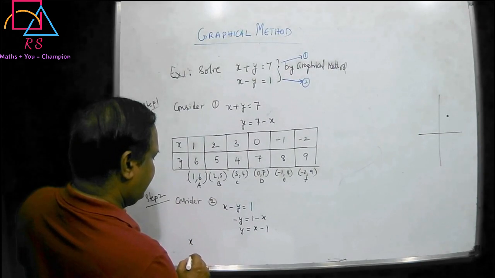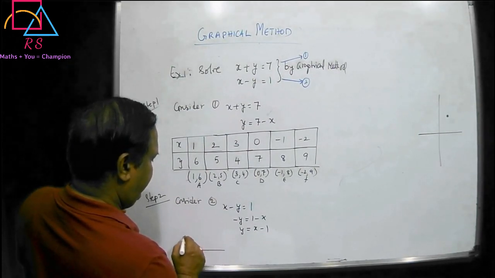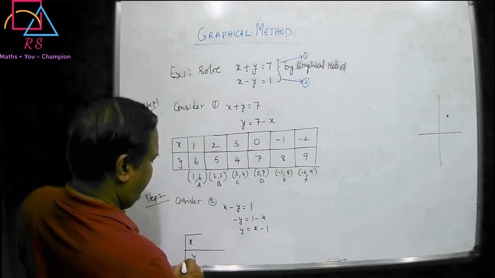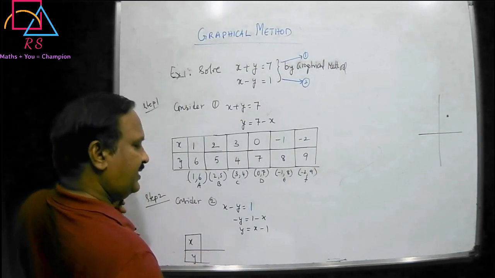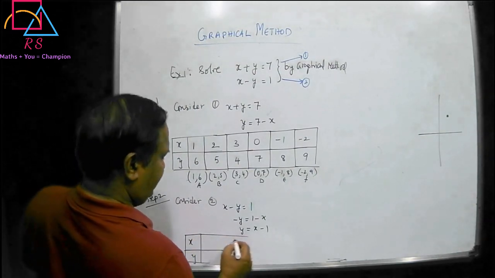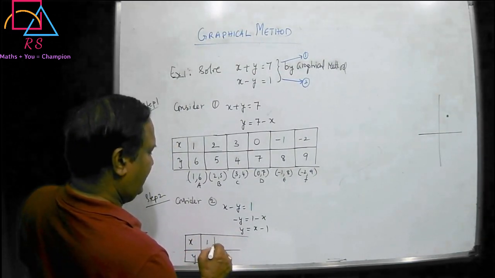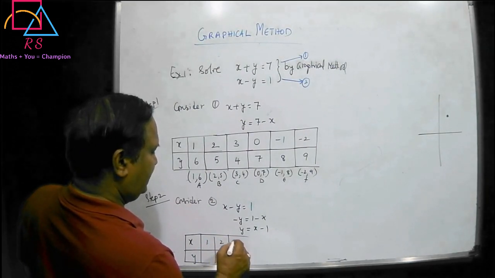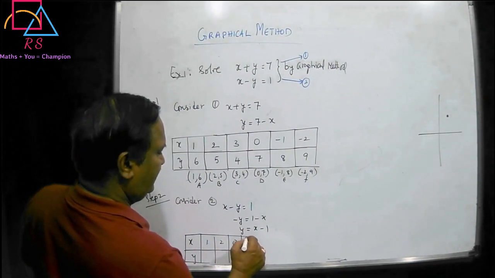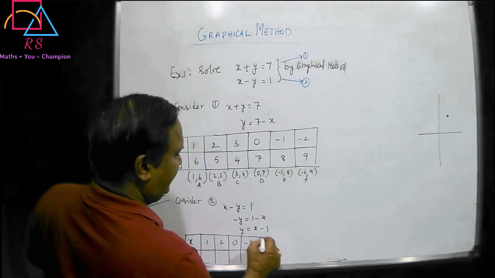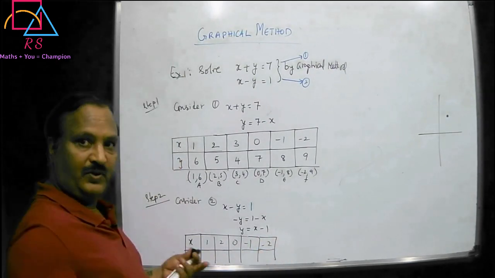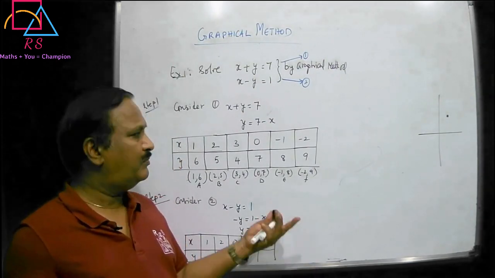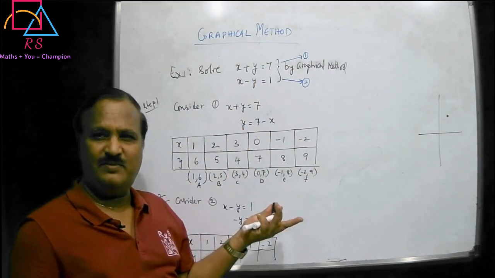So now here x, y. I do not have space here, but I will manage. Here also you write 1, 2, 0, minus 1, minus 2. It is not necessary that you take only these values, I am taking them because these equations are very simple.